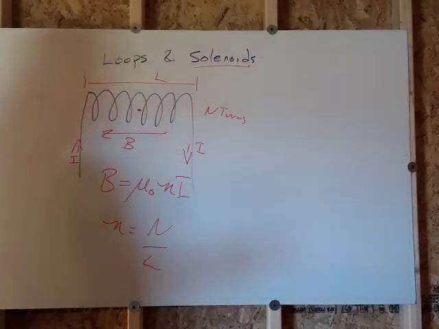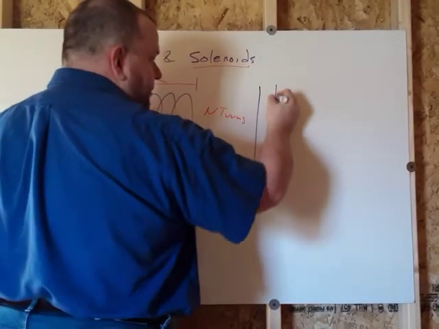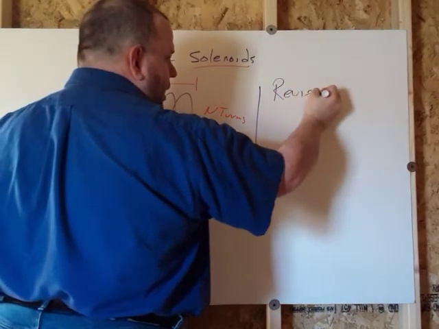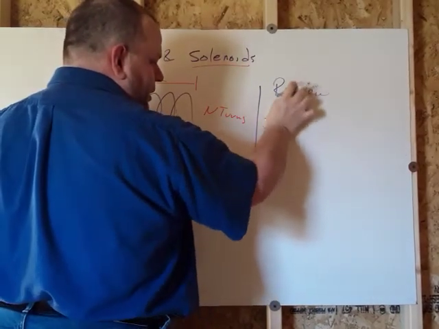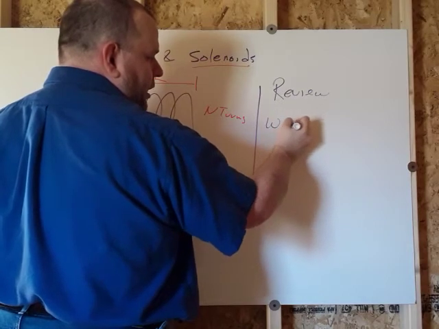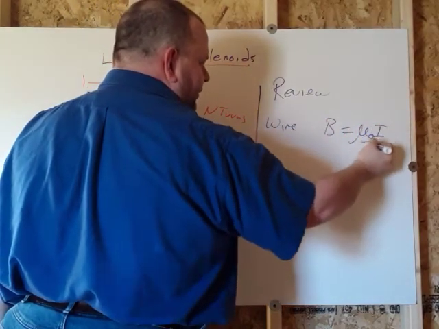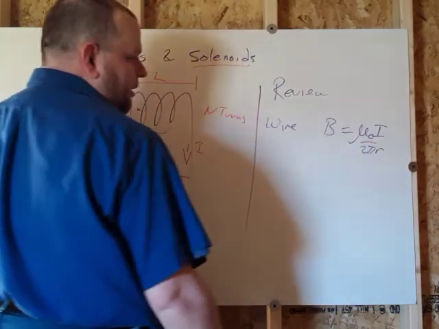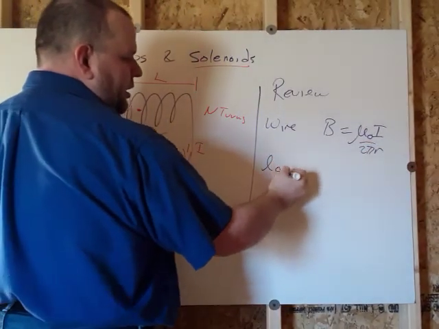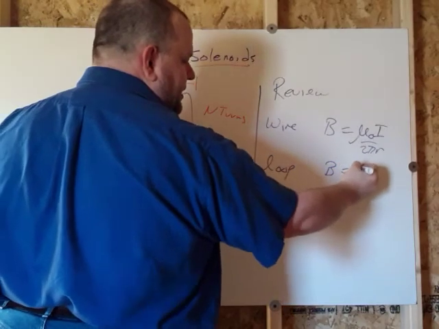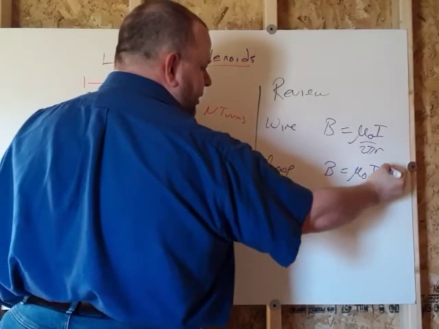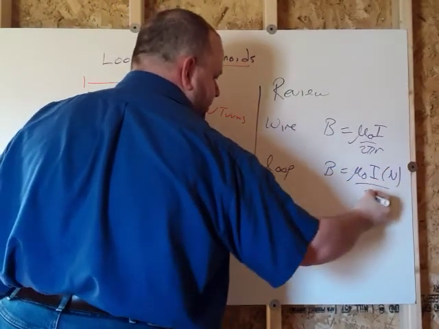The currents, so this is a review. For a wire, B is mu naught I over 2 pi r. For a loop, B is mu naught I, maybe times N, over 2r.